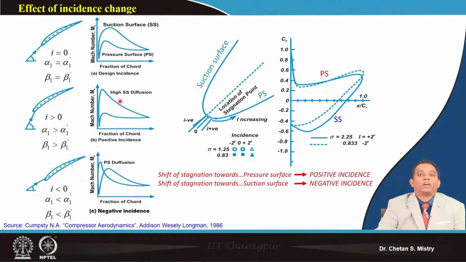When the stagnation point moves towards the suction surface, we define that as a negative incidence angle. And here we discussed how my CP changes with the change of incidence angle.